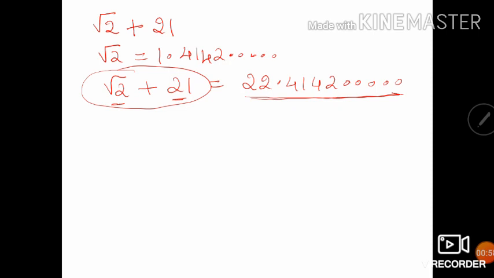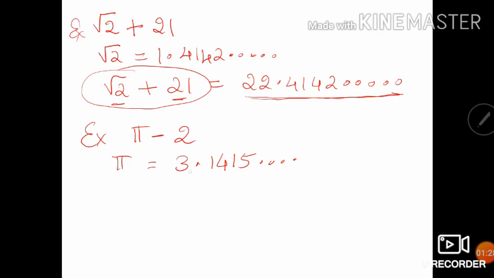Let's now try subtracting an irrational number and a rational number. So let's consider an example. Pi minus 2. Pi is an irrational number. Value of pi is 3.1415 ... The decimal digits are non-terminating and non-recurring.